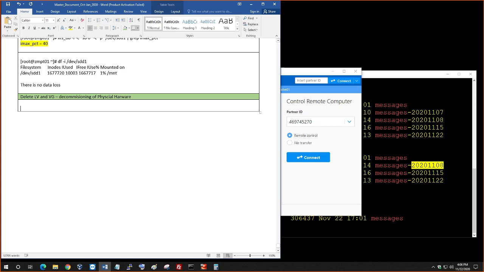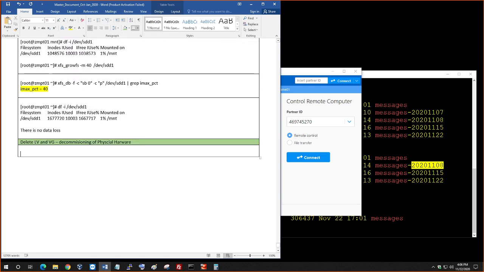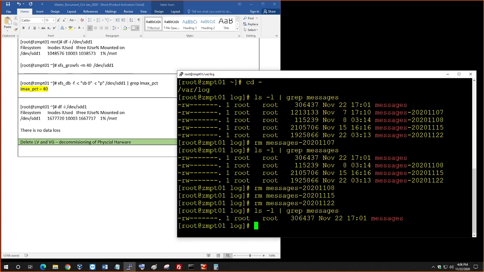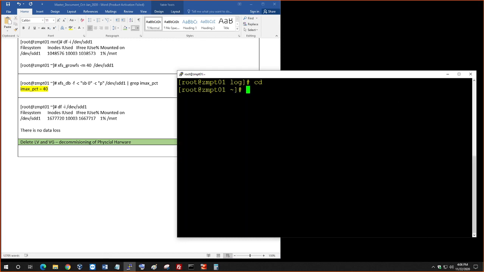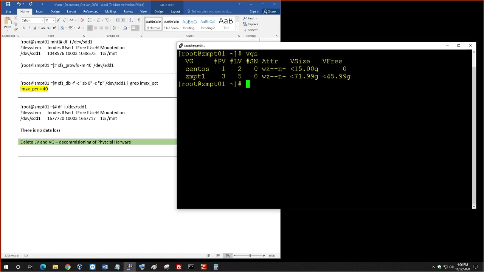So you have to go backwards. You have to delete this, then delete this, and this drive will be available for you. So clear this, clear, vgs. So you run vgs and determine which drive or volume group you want to take out.